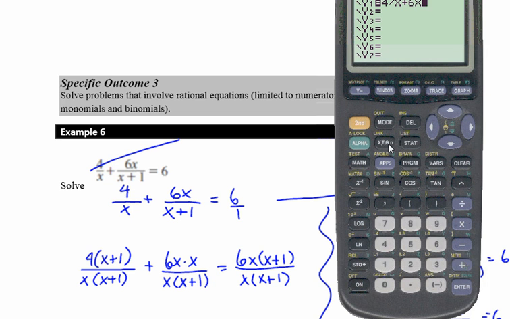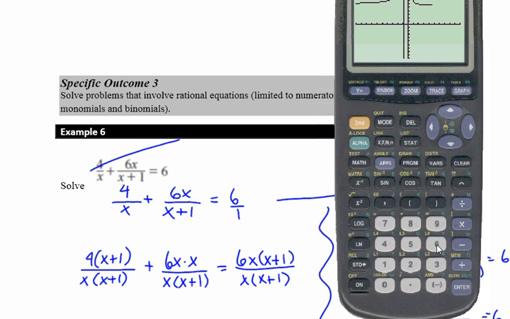What would you need? Brackets, x plus 1. And then y2 is 6, because we're looking for an intersection point. Now, one thing you need to know about rational expressions, they look really funny. I think I'm in trig mode. One second. Zoom 6. There we go.